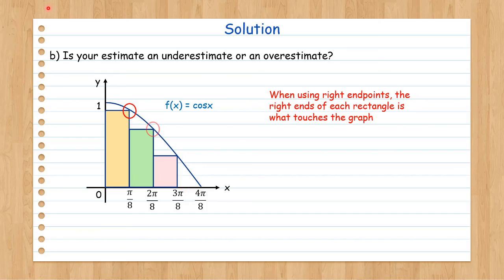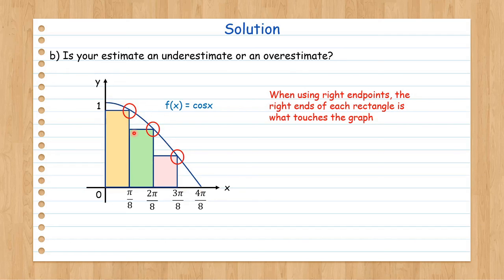But what do you notice? So there we go. Important that the right end touches the graph. And what else do you notice? The question asks, is our estimate an underestimate or an overestimate? If it was an overestimate, our rectangles would be covering an area larger than the area of the cos graph in this case.